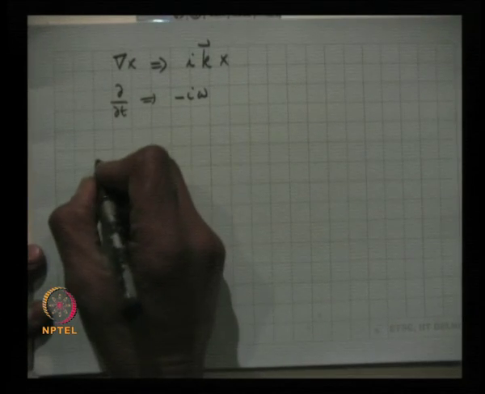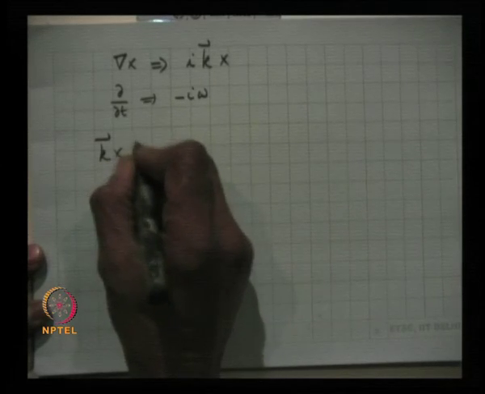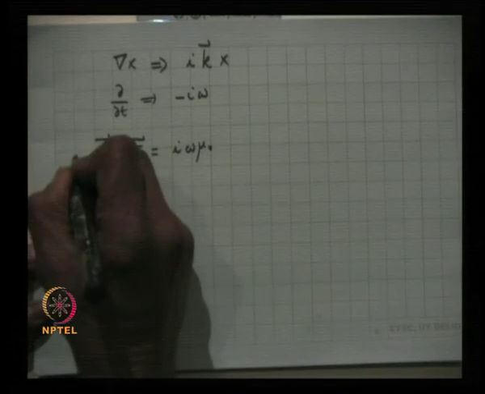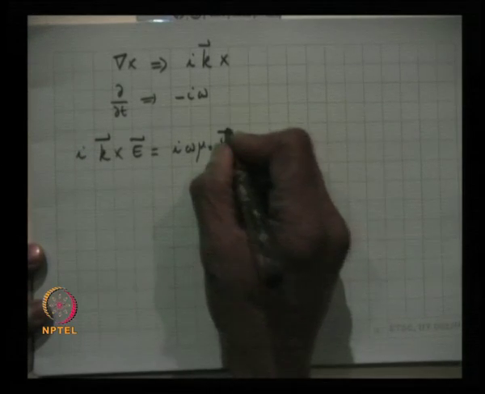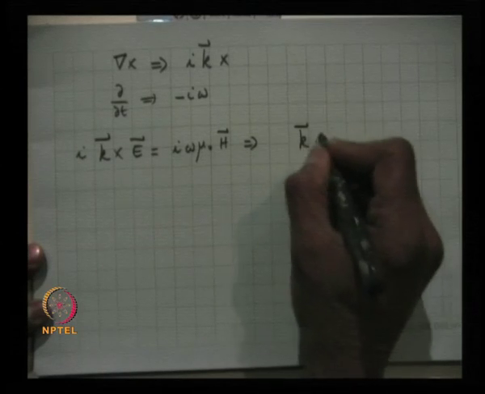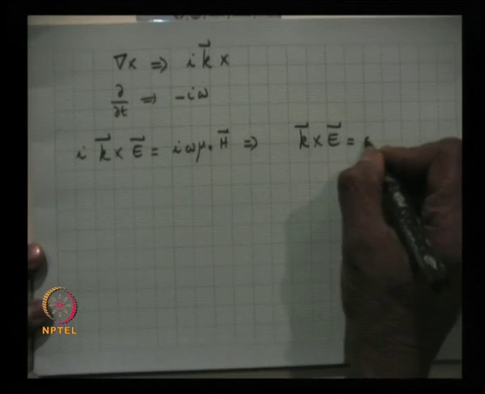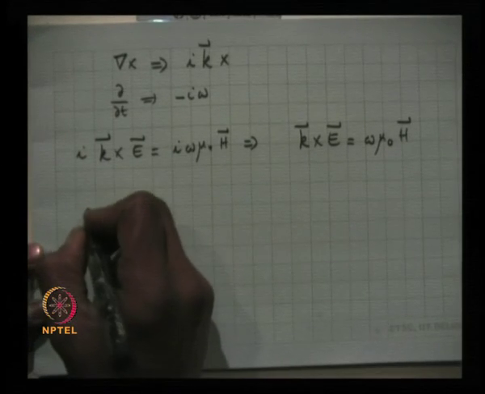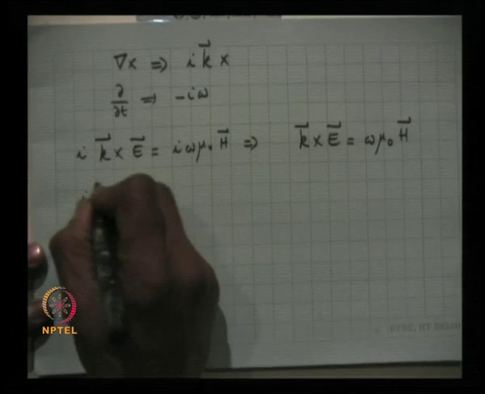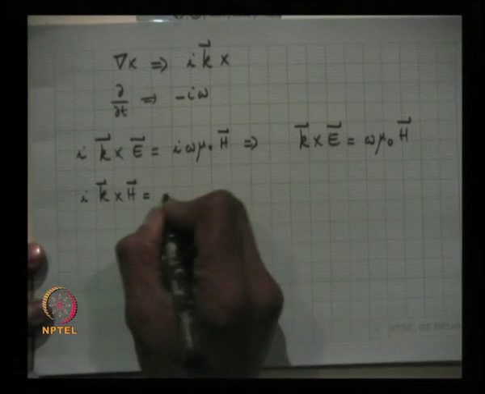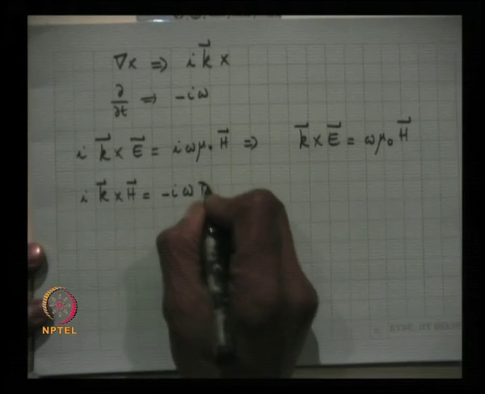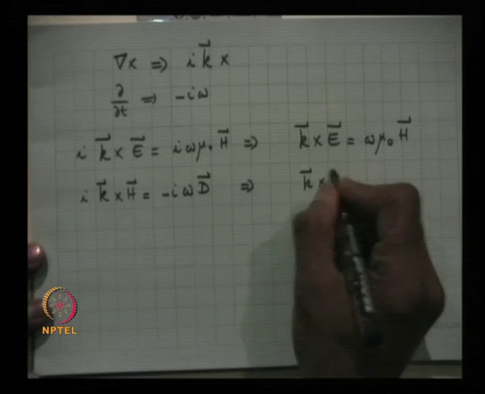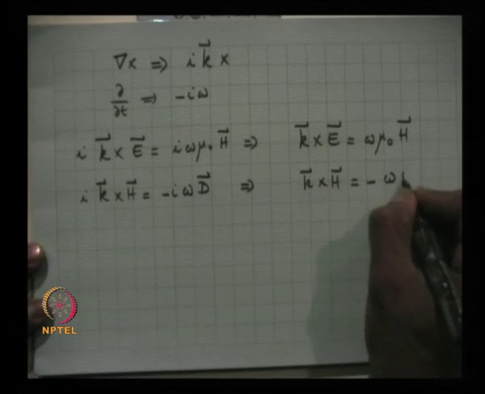So the first equation becomes i k cross E is equal to i omega mu naught H, which tells me k cross E is equal to omega mu naught H. The second equation becomes i k cross H is equal to minus i omega D. This implies k cross H is equal to minus omega D.